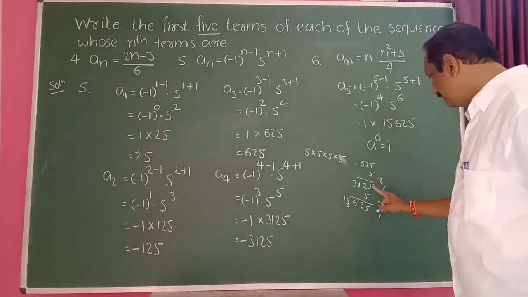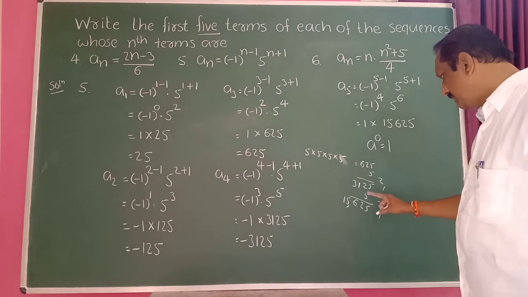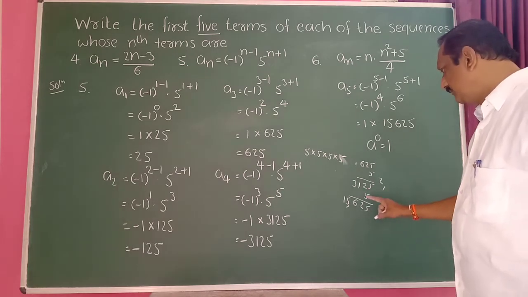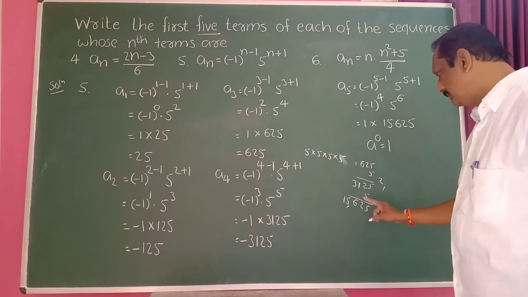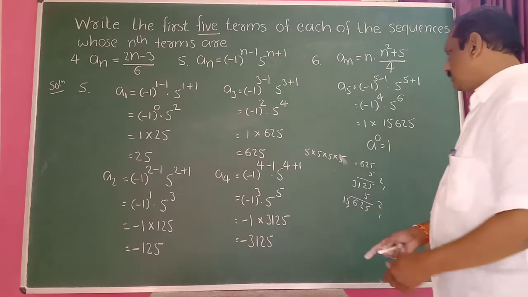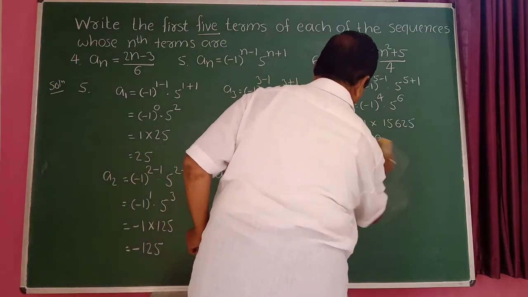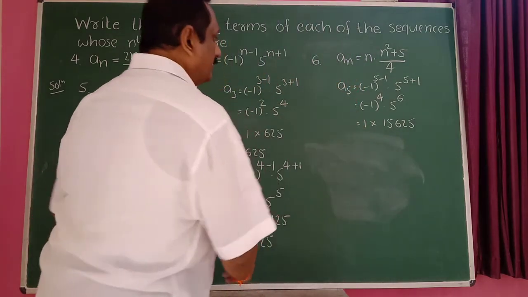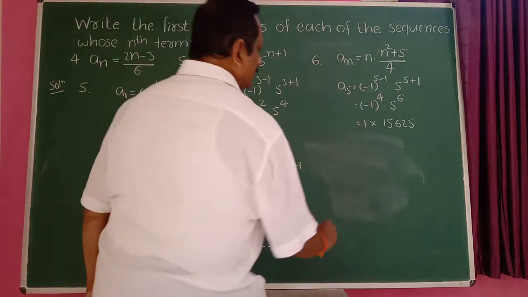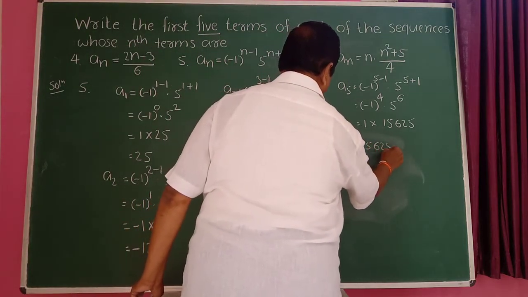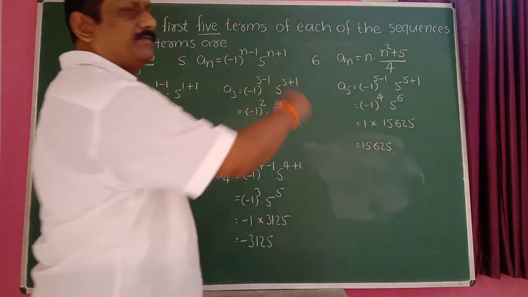Okay, 5 5s are 25, 5 2s are 10 plus 2 becomes 12, so write 1 here, 2 here. Then 5 1s are 5 plus 1 becomes 6, 5 3s are 15. Therefore, 5 into 6 is 15,625. So this is the value of a5 here.